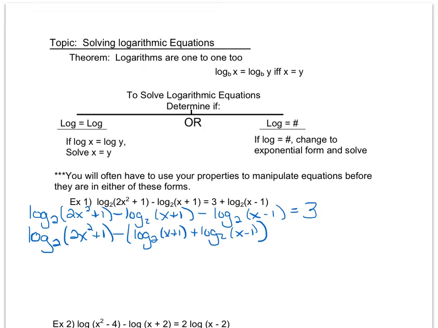I'm going to take these properties, I'm going to put them together in 2 steps. I'm going to go ahead and say I can put these together and multiply the x plus 1 and the x minus 1, and then put that in itself together with this and make it a division problem based on this subtraction. Please let me know in class if that doesn't make sense to you. Star that, highlight it, whatever is going to work for you, so you can bring that with you to class and I can clear that up for you.